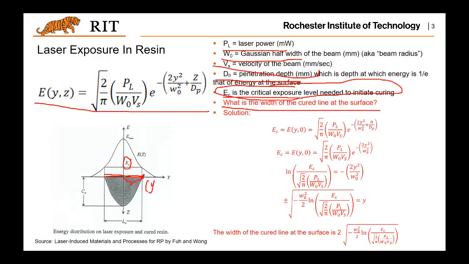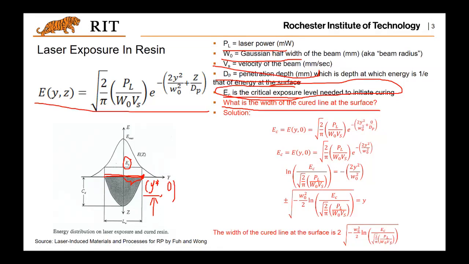Let me put y star. And for the z coordinate, it's 0 because it's on the z axis. And this y star is what we want to figure out, that is the half width of the cured line at the surface. And also we know at this point, the energy exposure is EC.